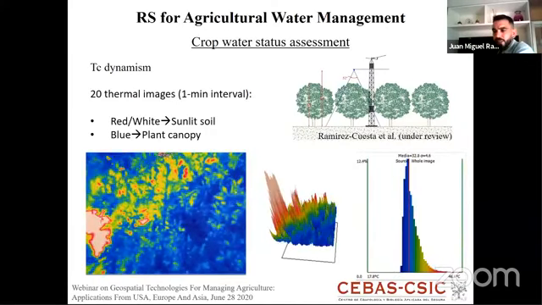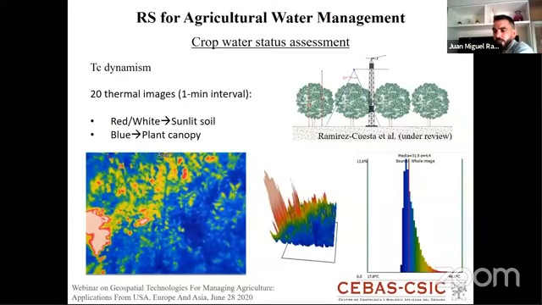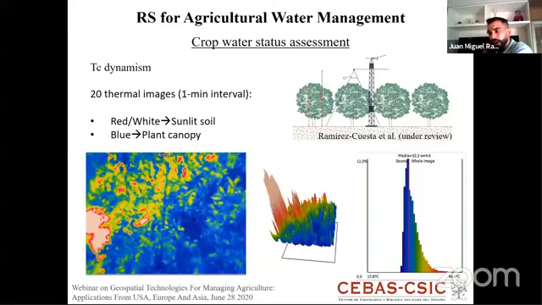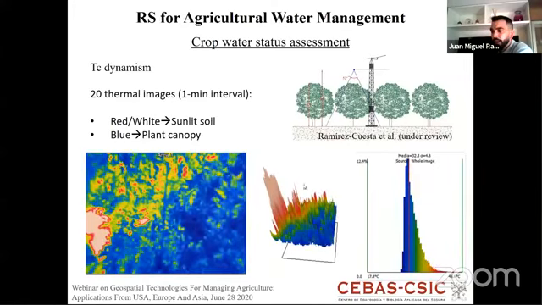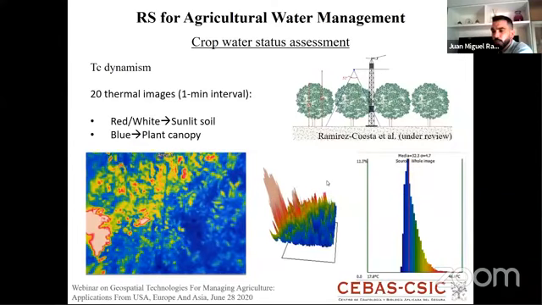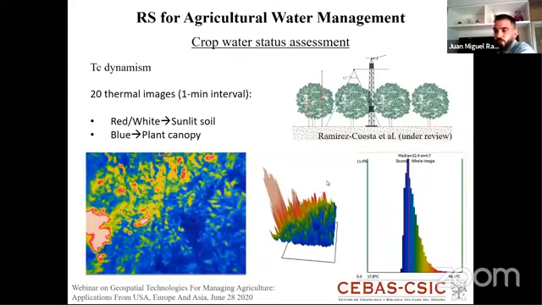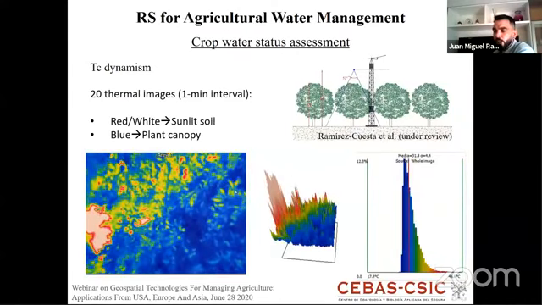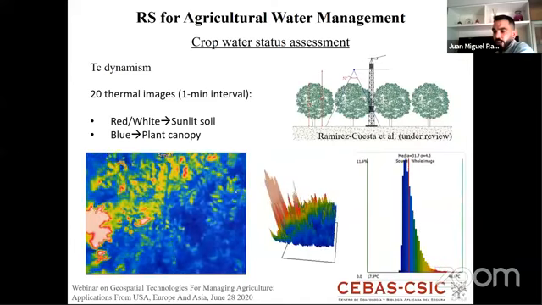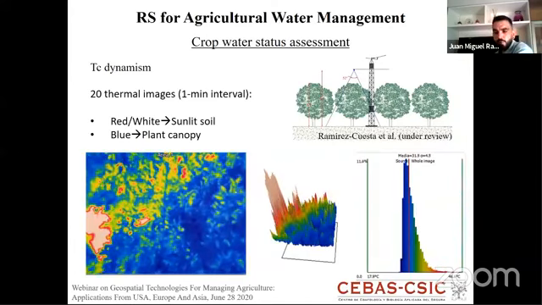In this sense, in collaboration with the University of Catania in Italy, we performed an experiment in which we took 20 zenithal thermal images of the same orange tree at 1 minute intervals. In these videos, it can be observed how the temperature varied in a short period of time.